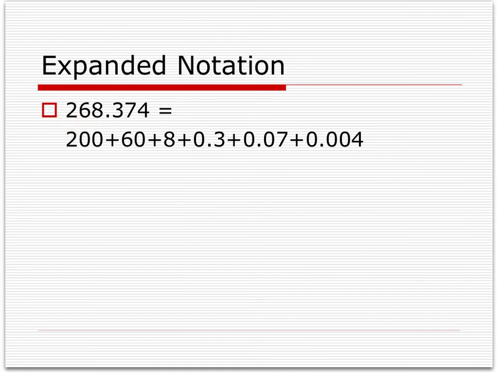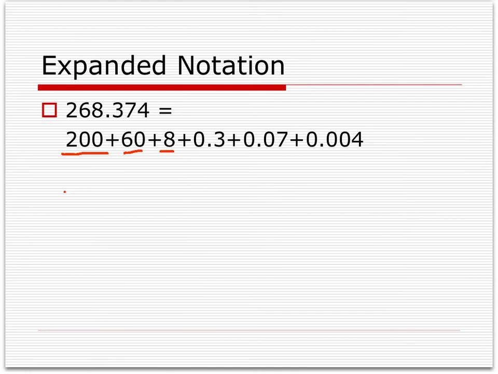So for an expanded notation or expanded form, I'm going to just break it down. 2 is in the hundreds place value. So I have 2 groups of 100 or 200. I have 6 groups of 10, well that's 60. 8 ones, 8 times 1 is 8.